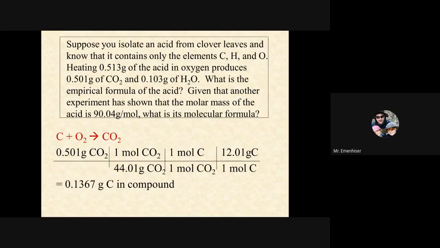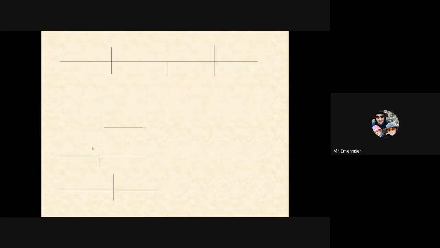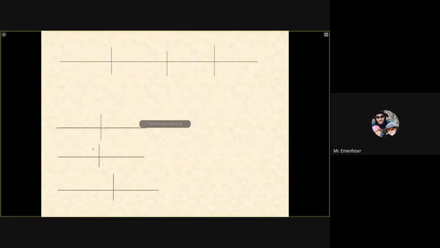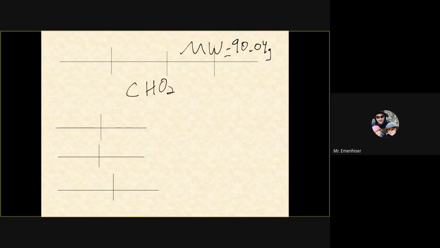All right, we found the empirical formula of the acid. Given that another experiment has shown that the molecular mass of the acid is 90.04 grams per mole, what is the molecular formula? So let's do that. So 90.04. So that's the molecular weight. Okay. Our formula was CHO2.